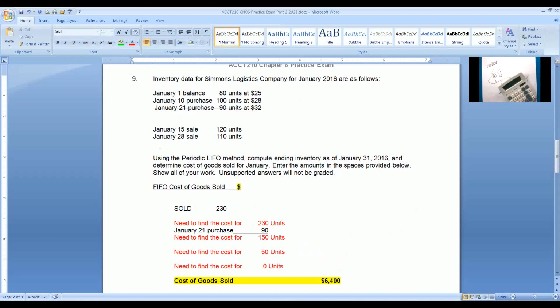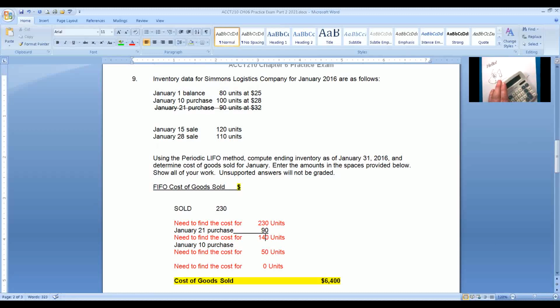Next layer from the 10th. So wait, 230 minus 90 is what? 140? I better do the calculator. Yeah, 140.